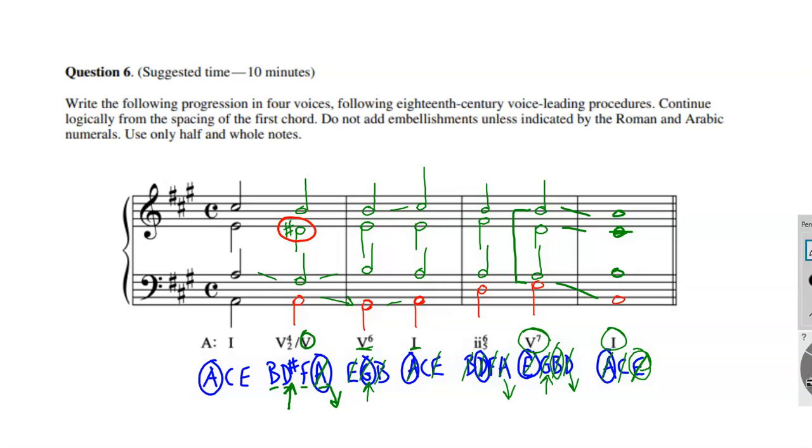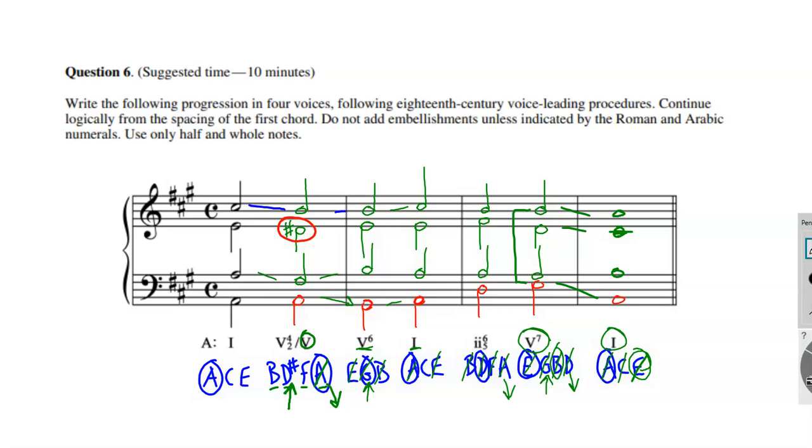Step 4 would just be to go back through, make sure that each voice stays within its range, that we don't have excessive leaps going on in the upper voices. Check to make sure that all of your leading tones resolved correctly.